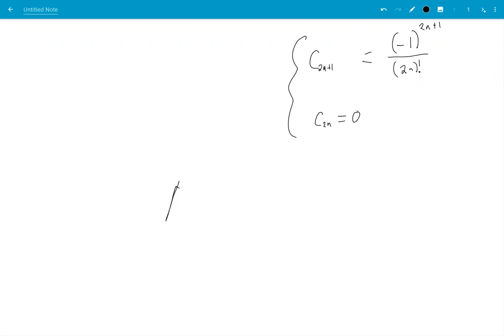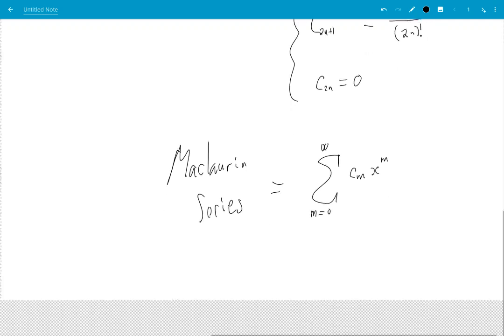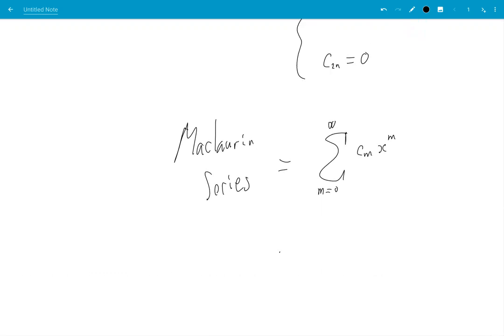So my Maclaurin series is, it would be from m equals 0 to infinity of Cn x to the m, right? That's my Maclaurin series. Okay, but when m is even, you get all zeros.